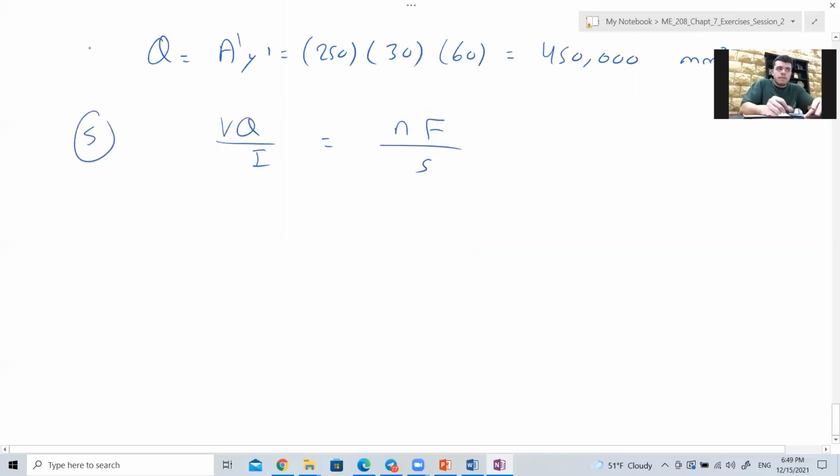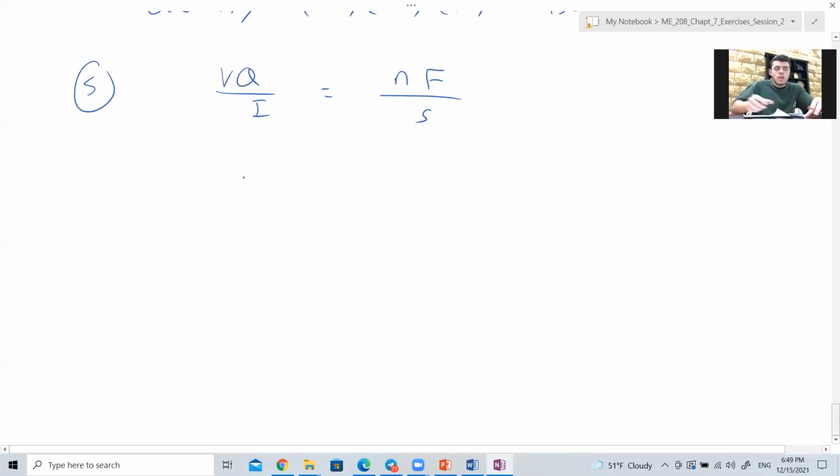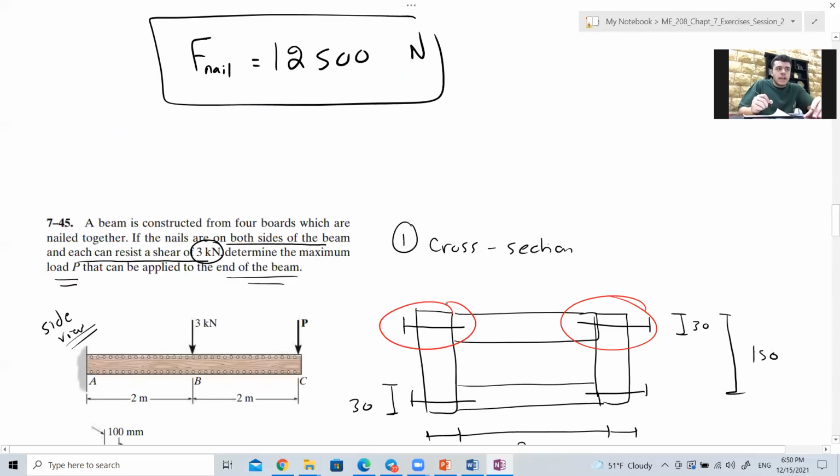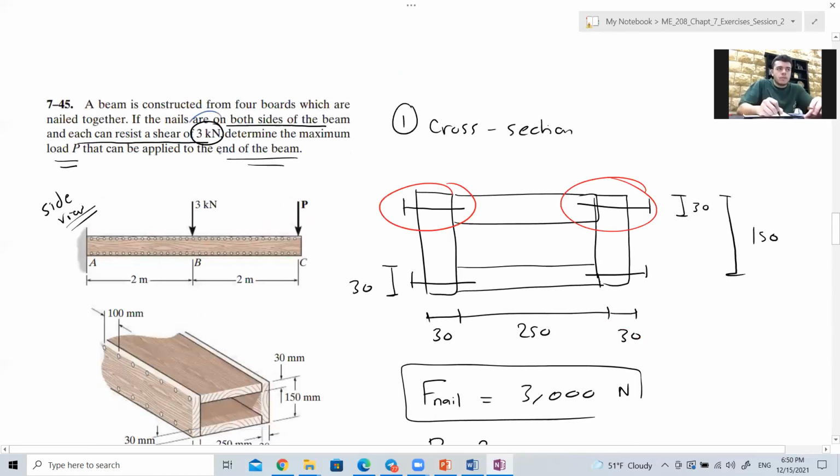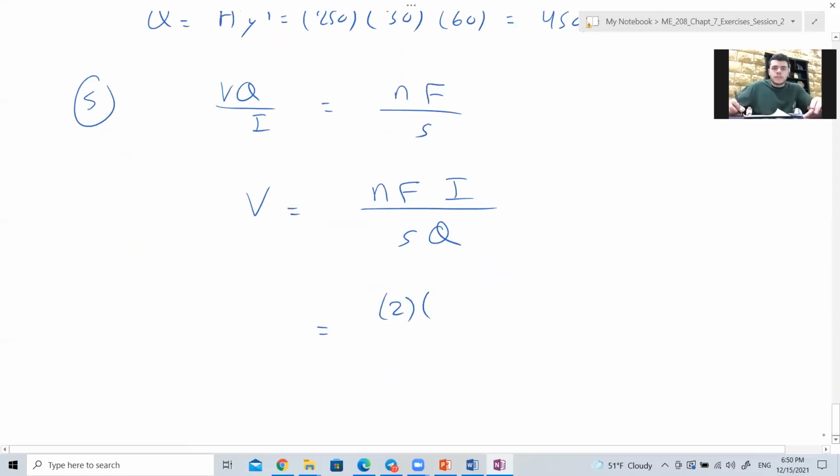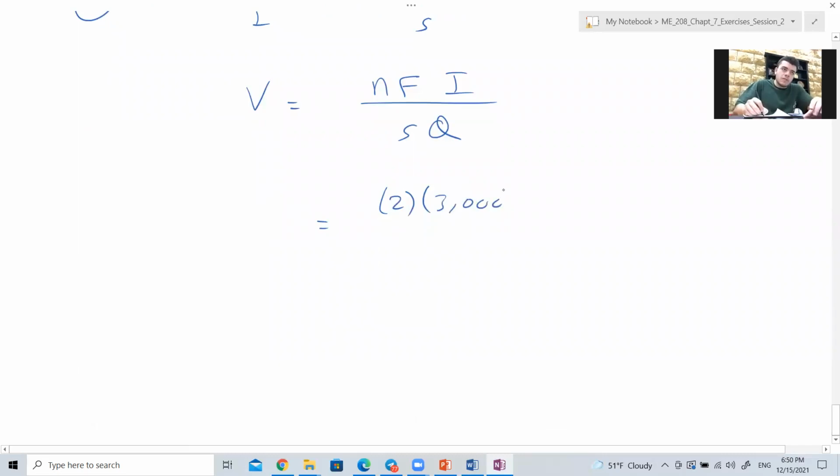This is step 5. So we have everything. We need to find V. So V is NF I over SQ. N is 2. F is the force in each nail, given as 3 kilonewtons, meaning 3000 newtons.